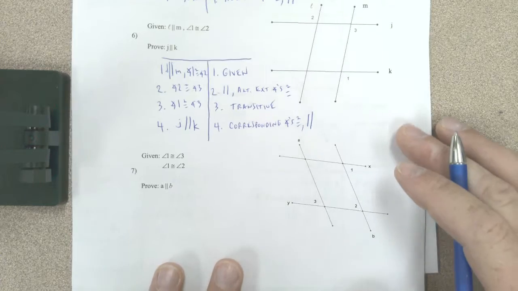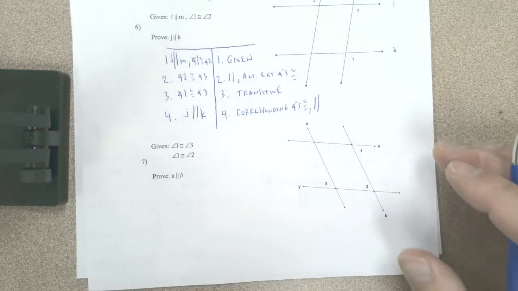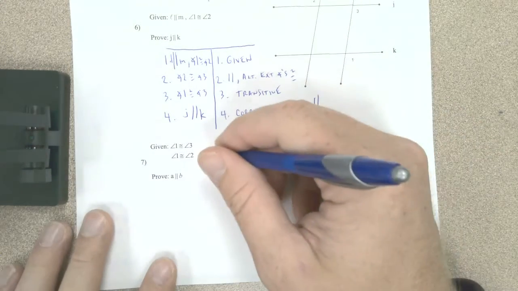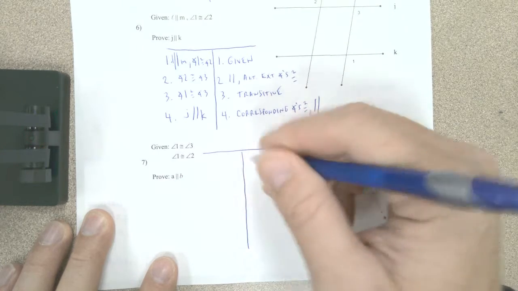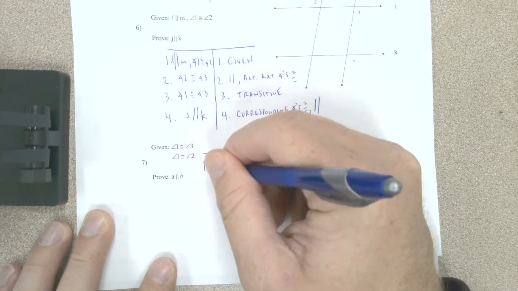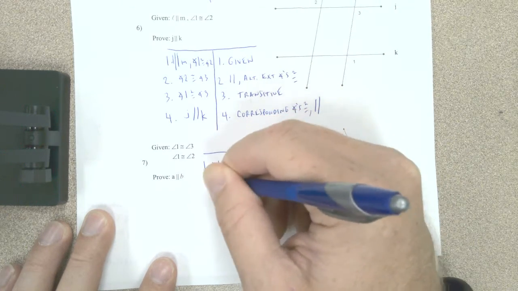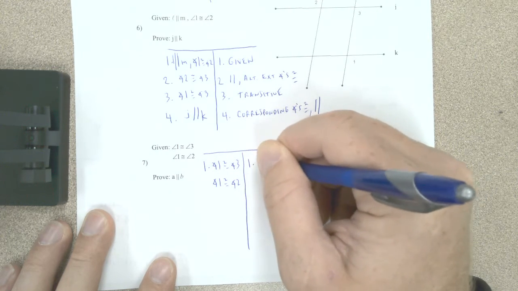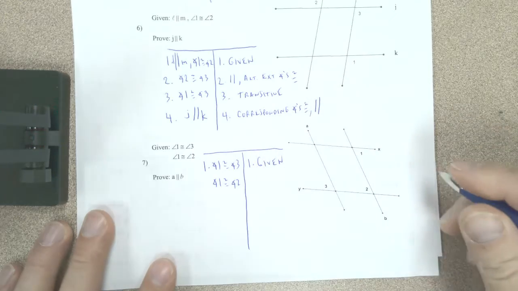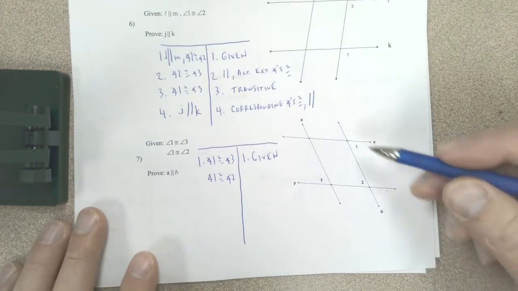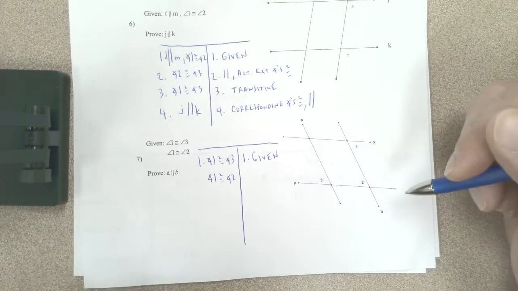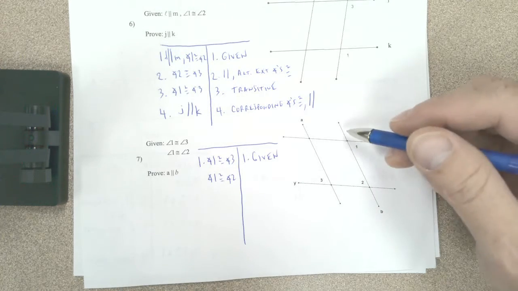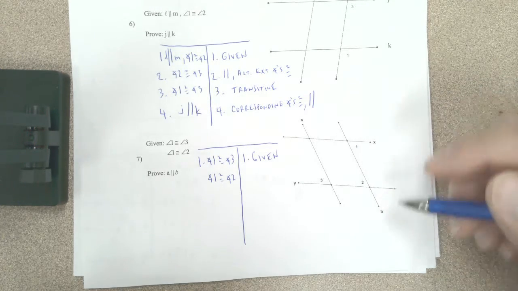Okay, let's move on to the very last one here. This is number 7. In number 7, they give us that angle 1 is congruent to angle 3, and angle 1 is congruent to angle 2. That's the given. They want us to prove that A is parallel to B. So for us to show that A is parallel to B, I've got to show that 3 and 2 are congruent.